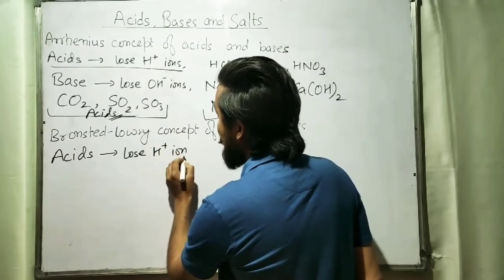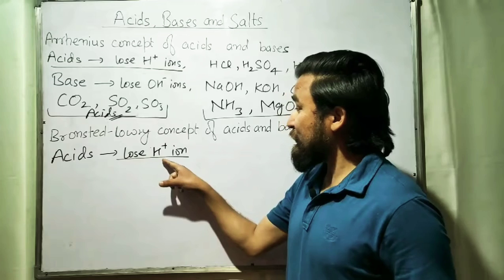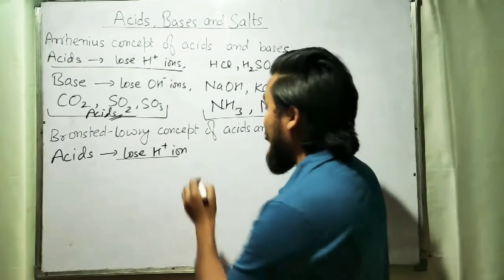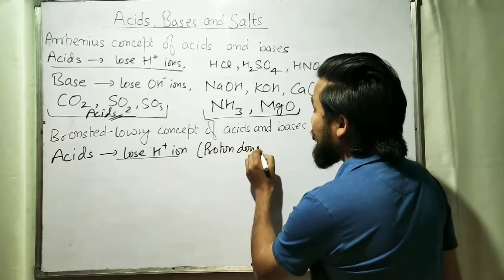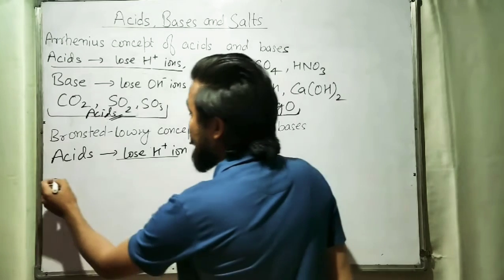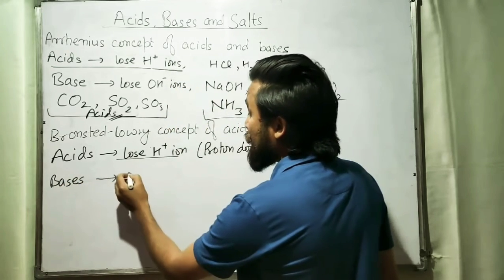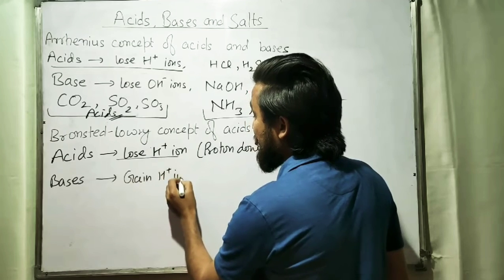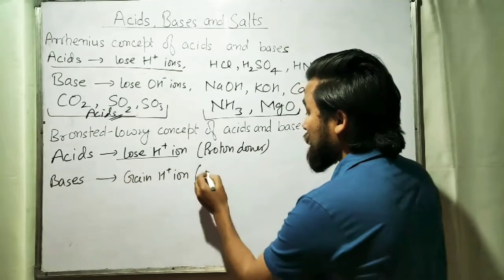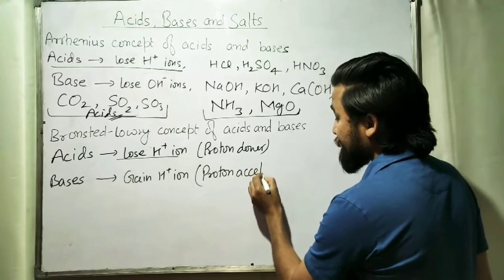So you can say acids are proton donors. And similarly, bases are the substances which have the tendency to gain H plus ions, meaning protons. So they are proton acceptors.